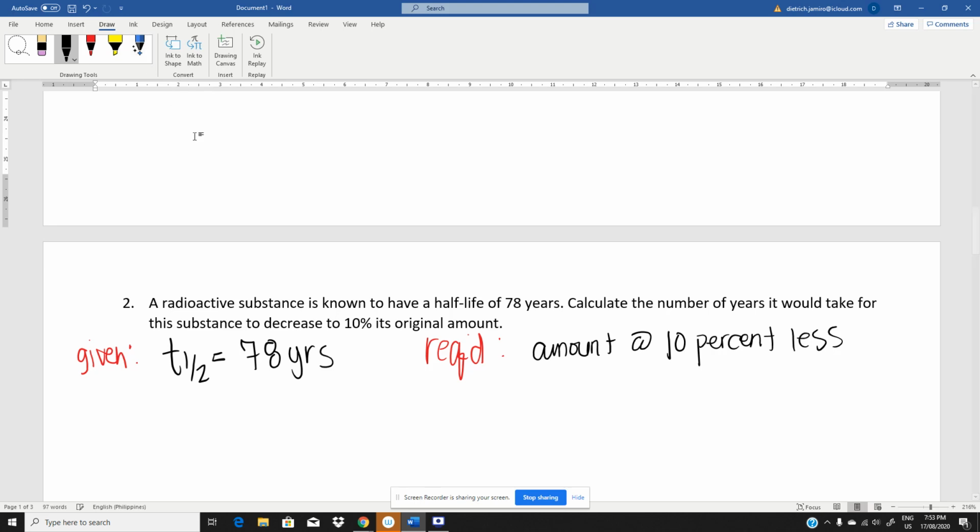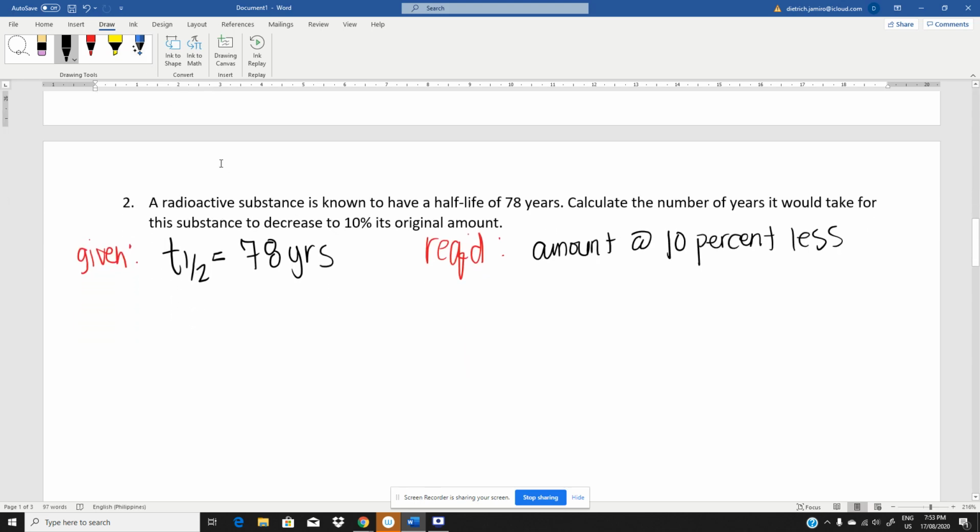To answer this one, we should always first get the constant of proportionality. So let's try to get the constant of proportionality. Solution.